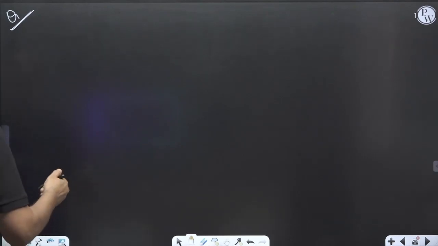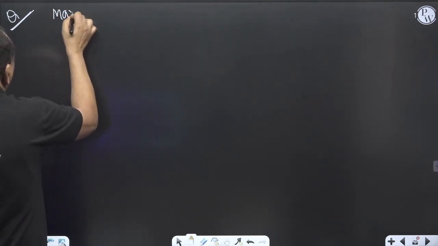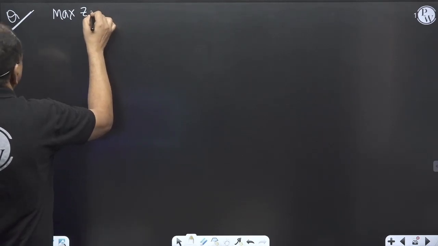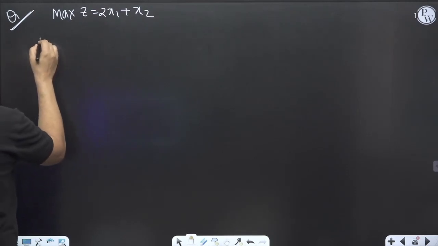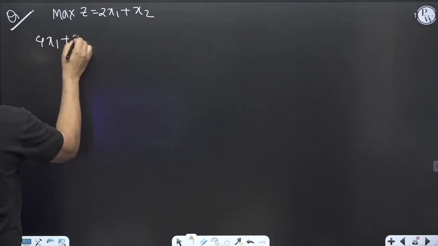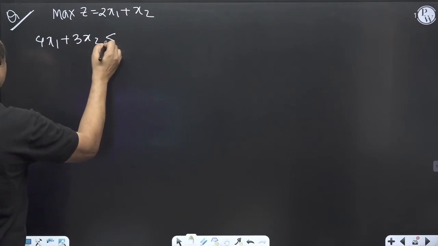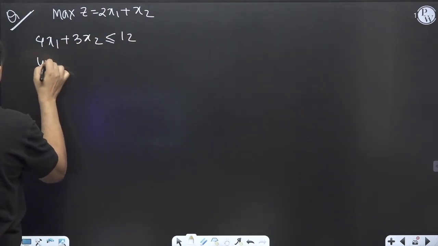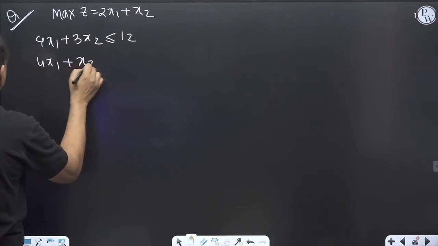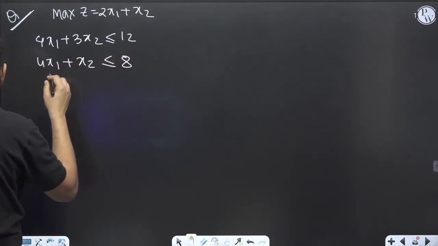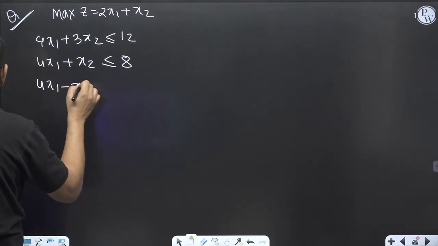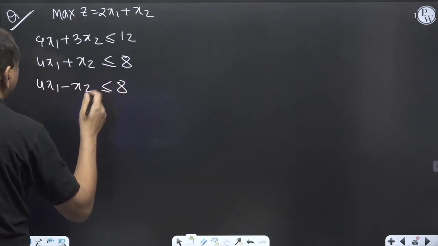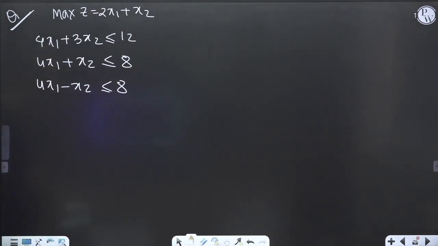See the next question. Maximize z equals 2x1 plus x2 subject to 4x1 plus 3x2 less than or equal to 12, 4x1 plus x2 less than or equal to 8, 4x1 minus x2 less than or equal to 8, x1, x2 greater than or equal to 0.